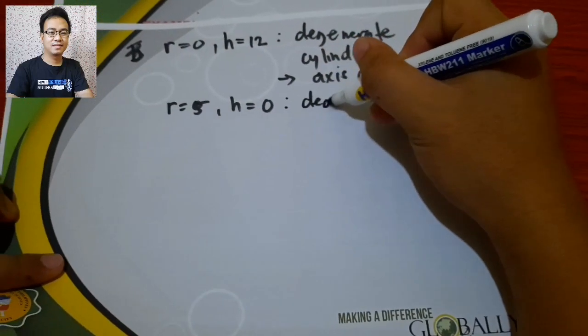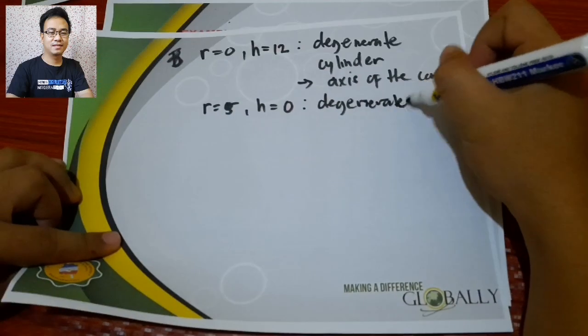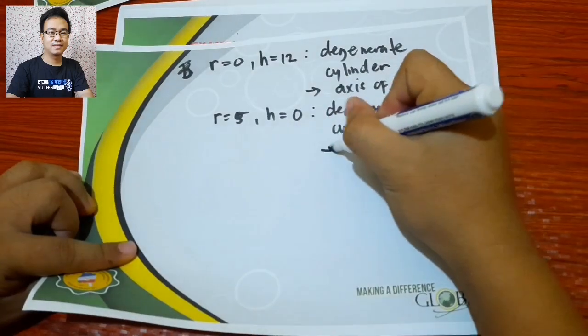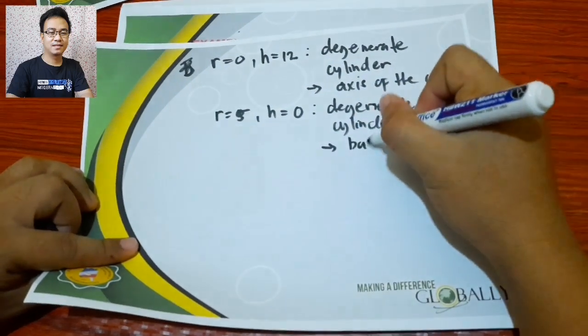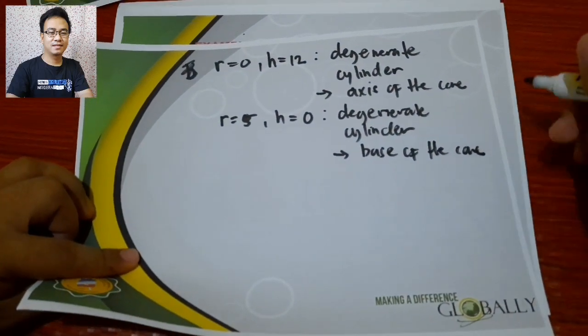Therefore, magkakaroon din tayo ng degenerate cylinder, which is, this is actually the base of the cone.